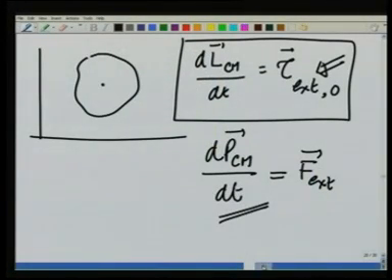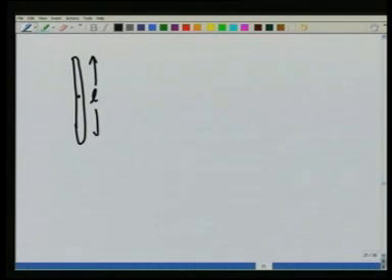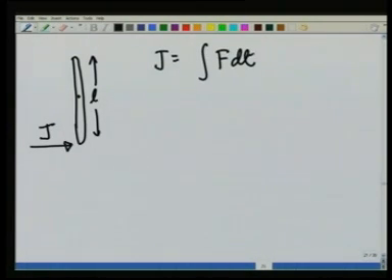As a first simple example of this, let us take a rod uniform of length L, and let us hit here with an impulse J. Impulse, as you would recall, is nothing but integral F dt, where F is applied for a very short time. So, this is a very short time delta tau, let us say.